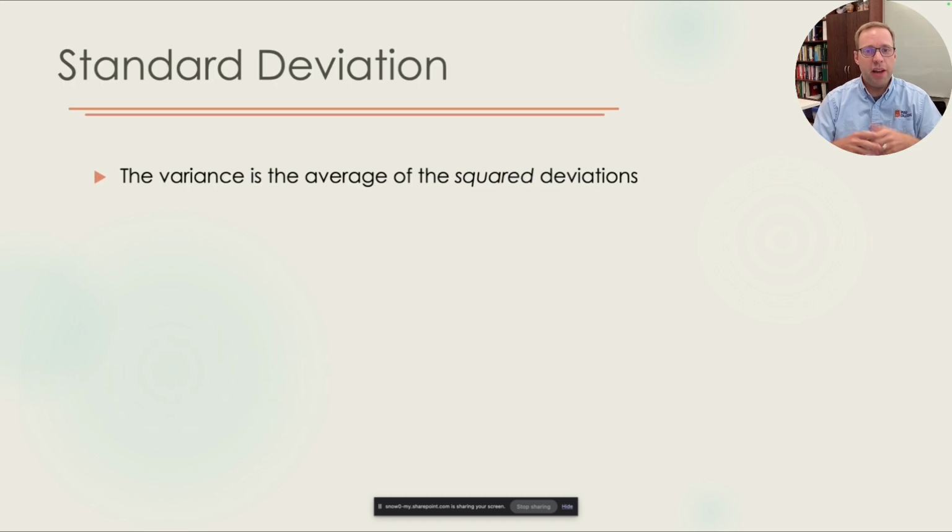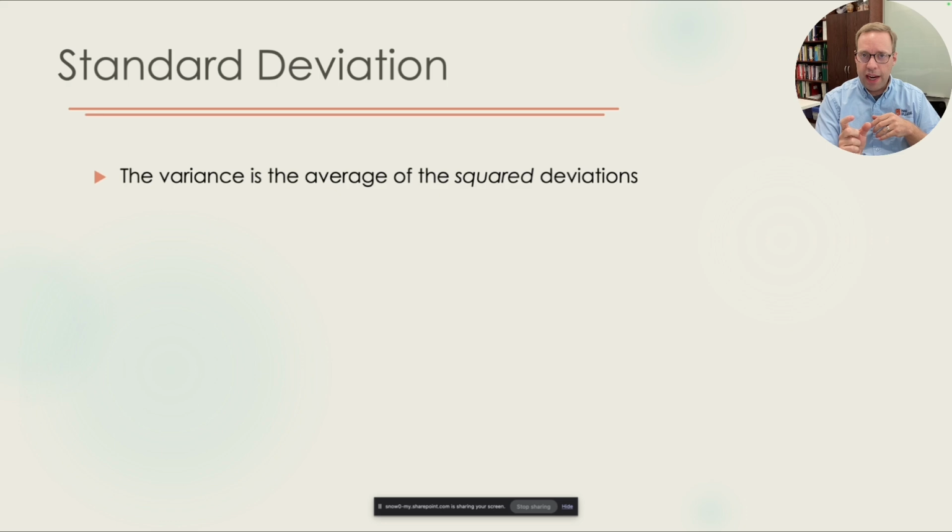Now, here's the problem. Remember that the variance is the average of squared deviations. That might work with some units, but with other units, that just doesn't make sense. So, classic example I like to give of this: imagine you're talking finances, the amount of money in people's bank accounts, or salaries, or something dealing with money.